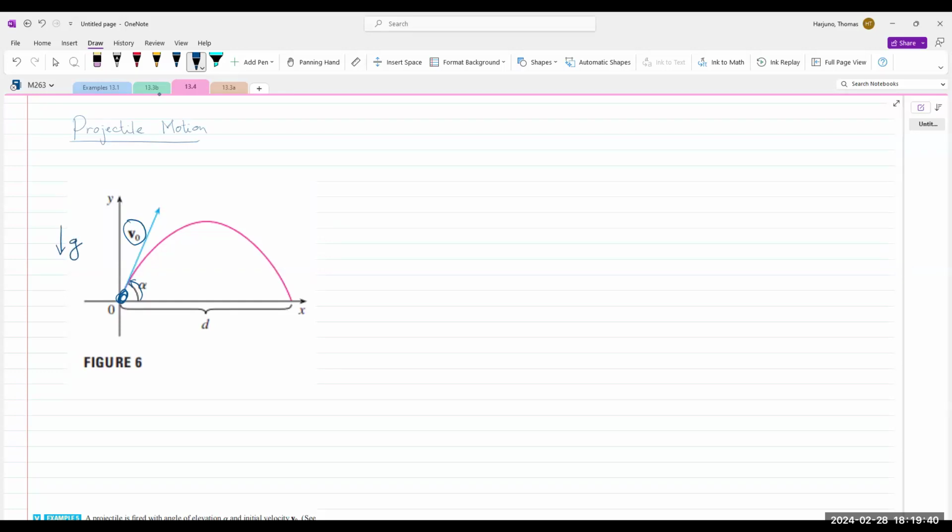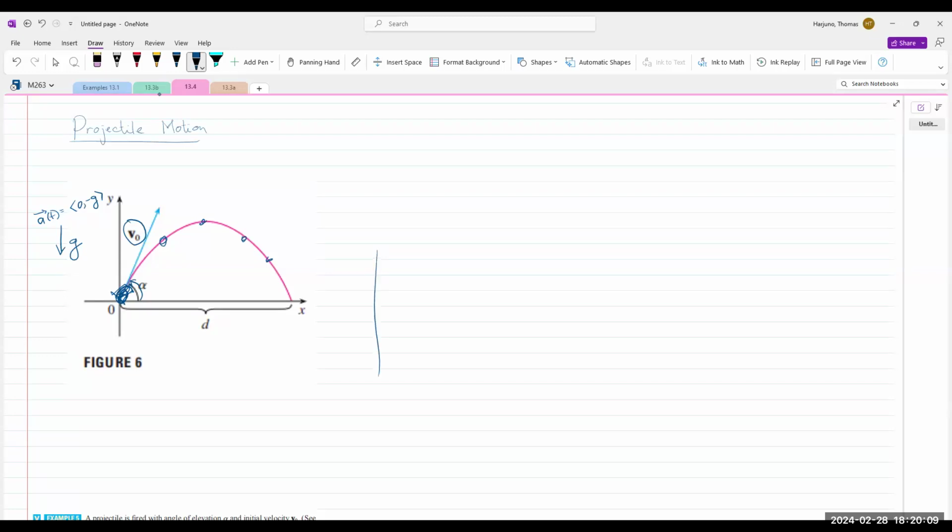So the acceleration you will see is basically 0, negative g, because it's facing down, right? Okay, now what do we call a projectile? A projectile is basically the thing that you throw at the beginning, but along its trajectory, there is no more extra force besides gravity.